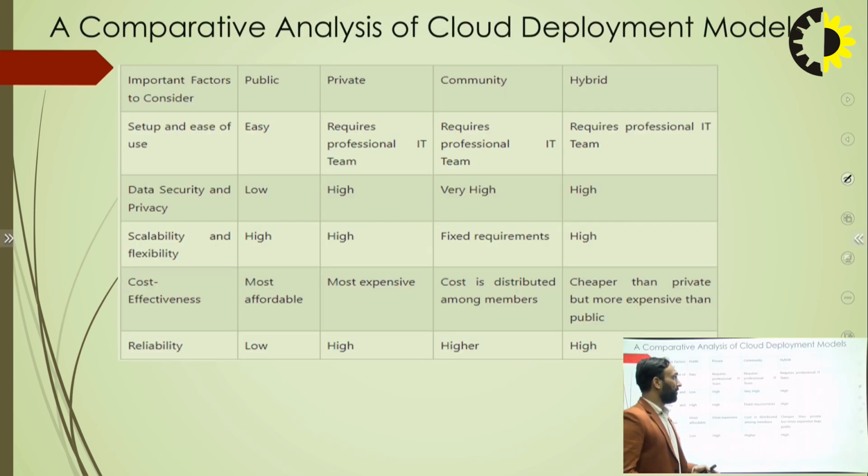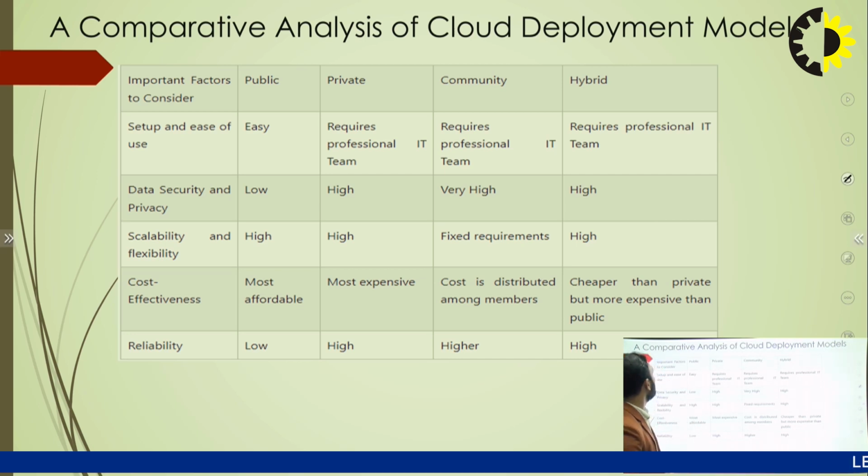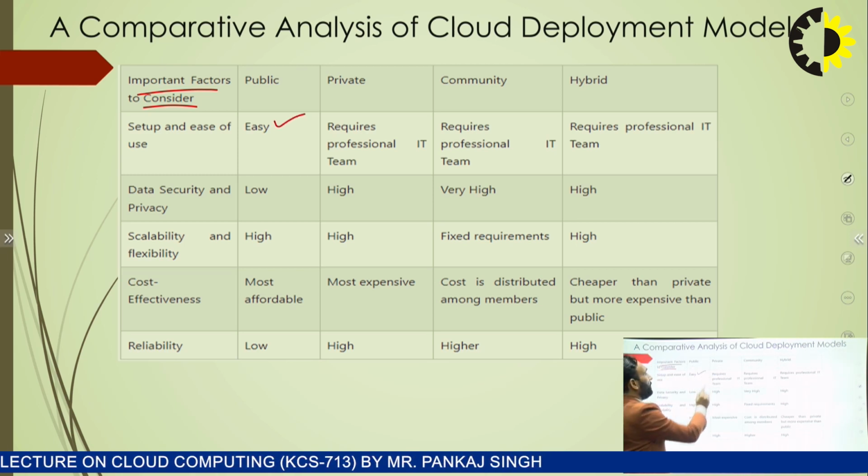On behalf of a few characteristics, it is compared here, like important factors to consider. If we talk about setup and ease of use, which model is best suited? We can say the public model is best suited.